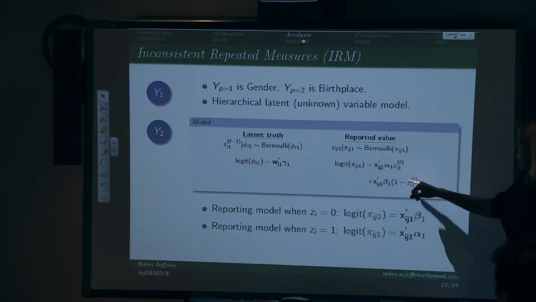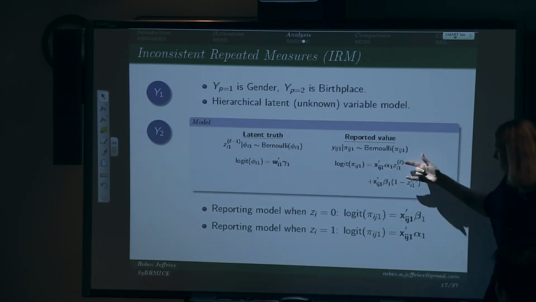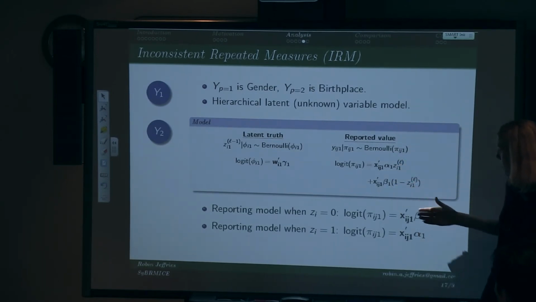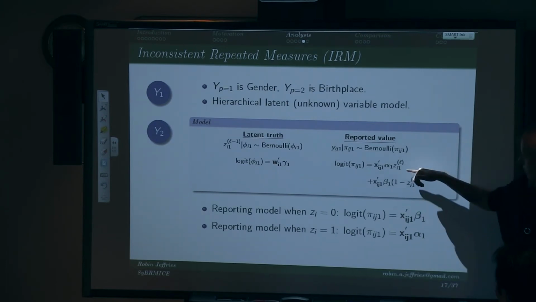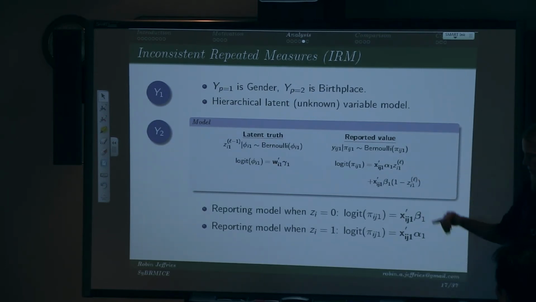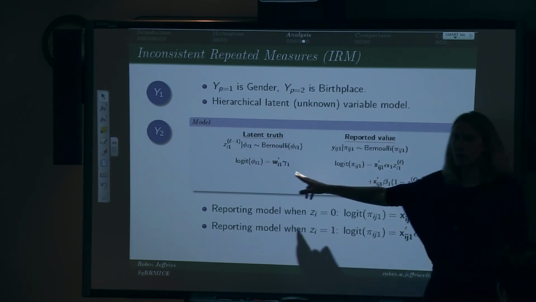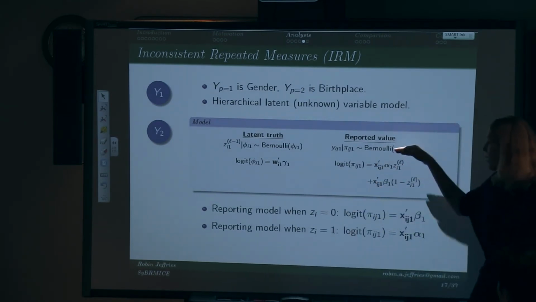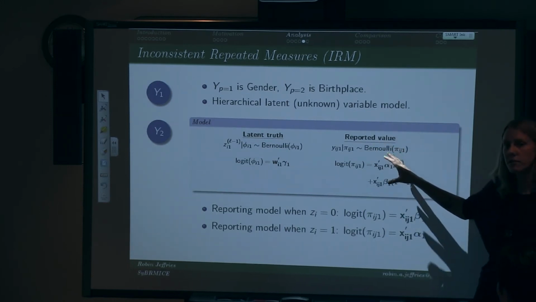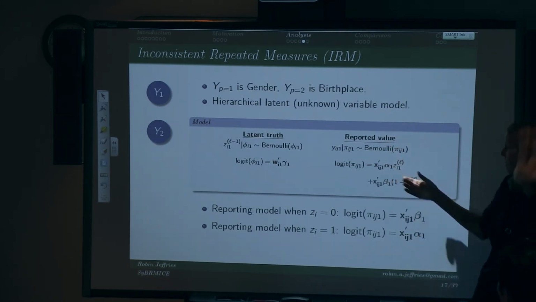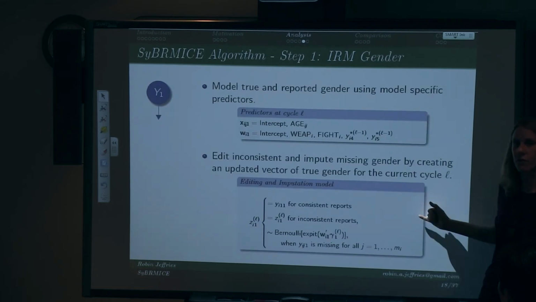This reported value is a mixture model where the effect for how you report is going to be different based off of what your true value is. So the probability you report being female in a survey will have different coefficients for if you're really a male or really a female.